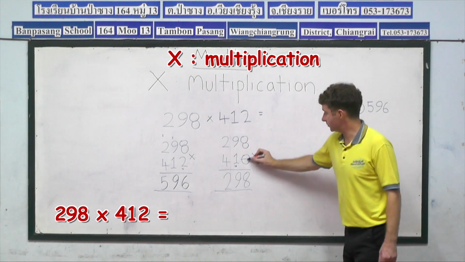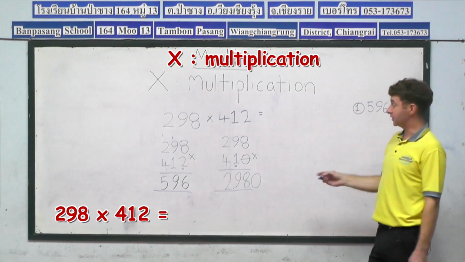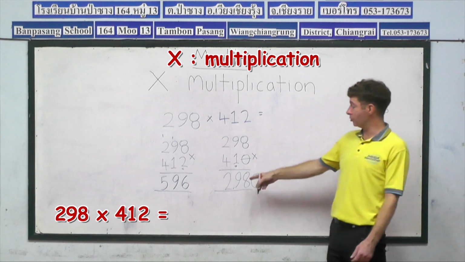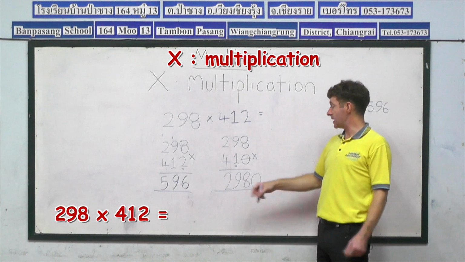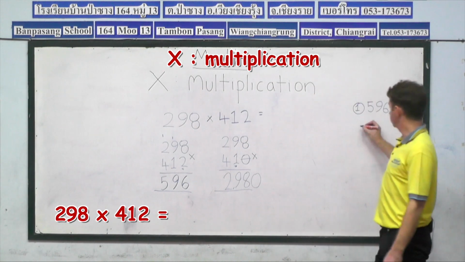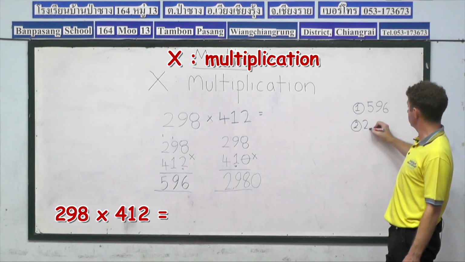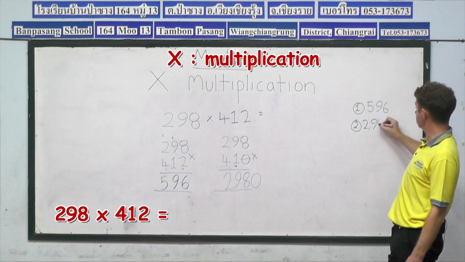Perfect. The 0 then comes in at the end, comma. So the answer for the tens, 2,980. So we could write that as answer number 2, 2,980.